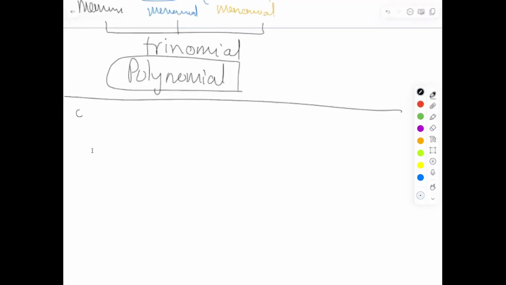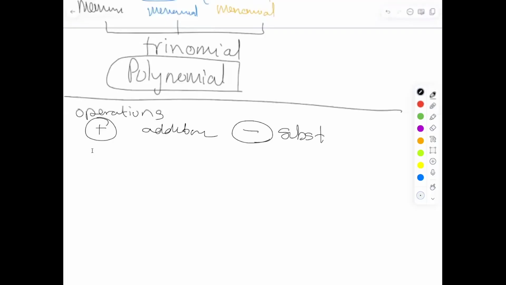So what kind of operations do we have? Well, we have addition, right? We have subtraction. What other ones do we have? Multiplication and division. There it is.